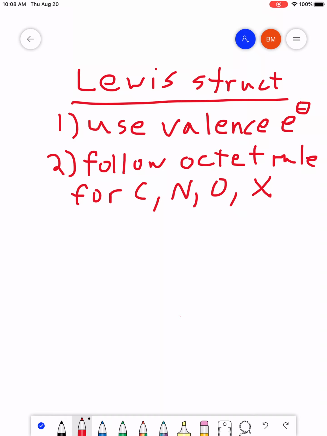And when we say follow the octet rule, the octet rule states that the outer energy level of these atoms is going to contain 8 electrons. So if you're drawing your Lewis structures, you want to draw them in a manner that each one of these types of atoms ends up with 8 electrons. All right?